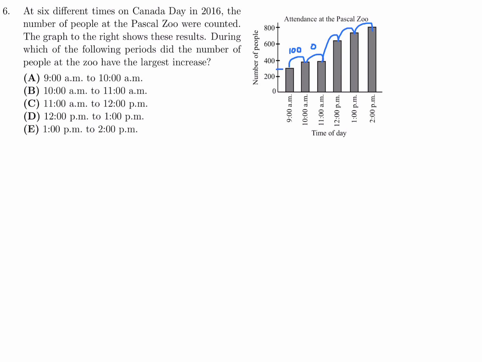So 400 to 600 would be an increase of 200. And then we're going from 600 to about 700, so an increase of 100. And finally 700 approximately to 800, so an increase of 100. So the biggest increase was right there, and that was between these 2 hours, 11 and 12. And that would mean number 6, the answer is C.